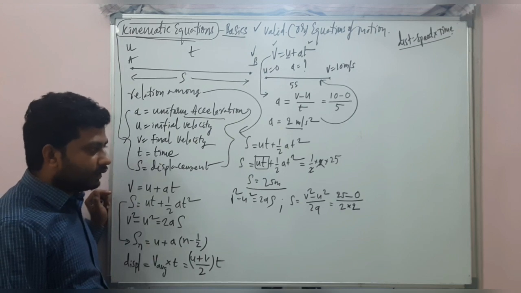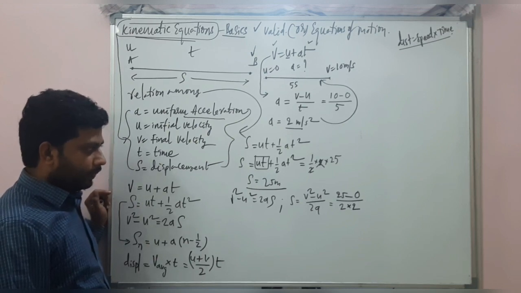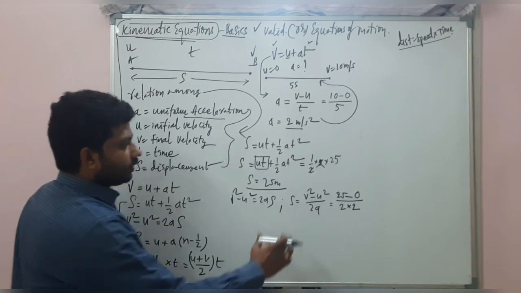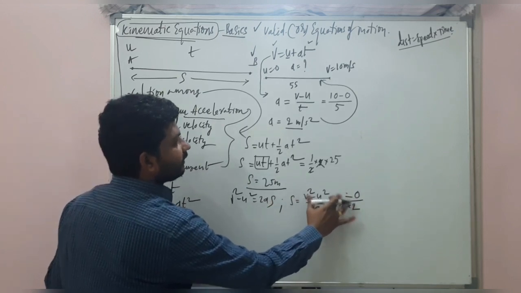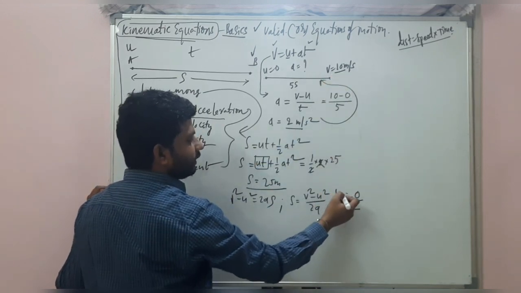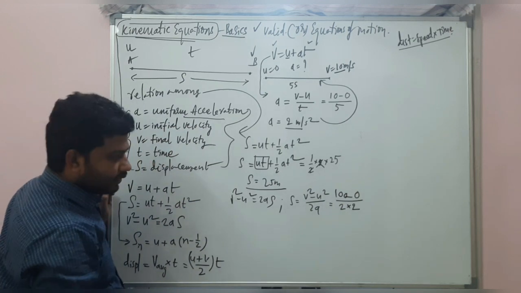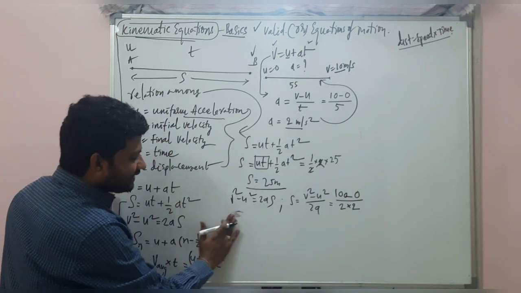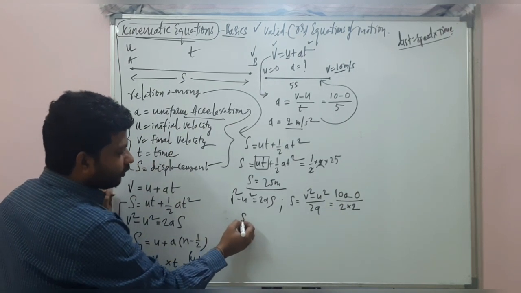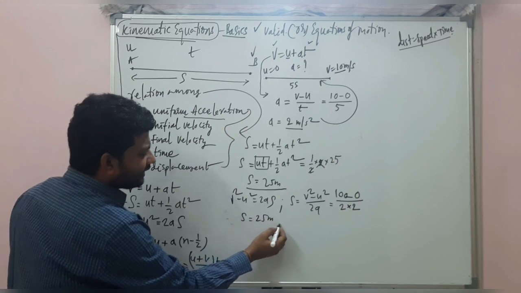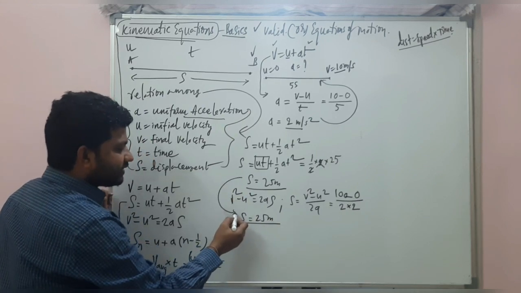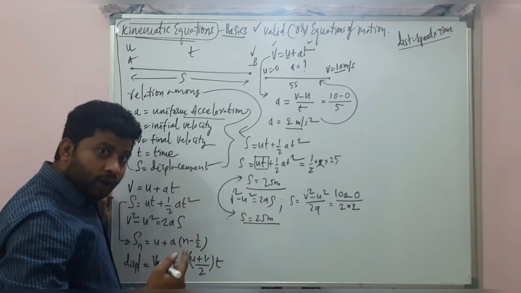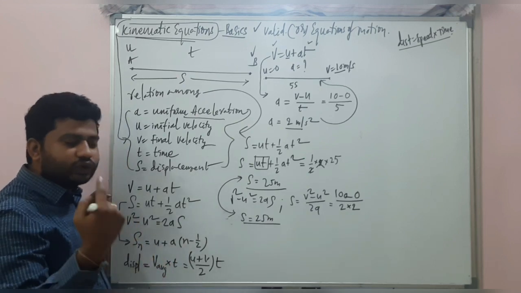Sorry, v square is not 25, v square is 100, right? The u square is 0, and the acceleration is 2. So S is equal to 100 by 4, and you get 25 meters again. You see these two values are the same.